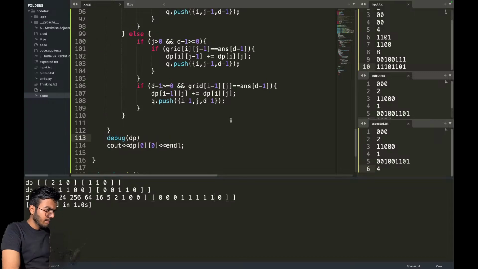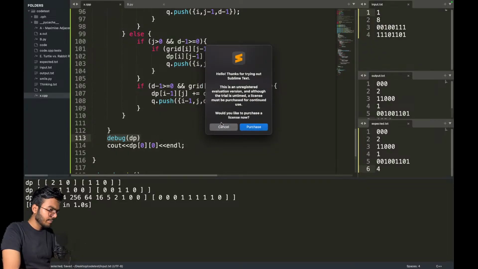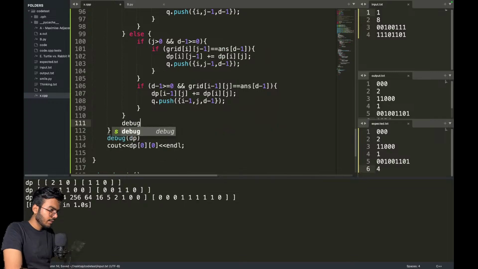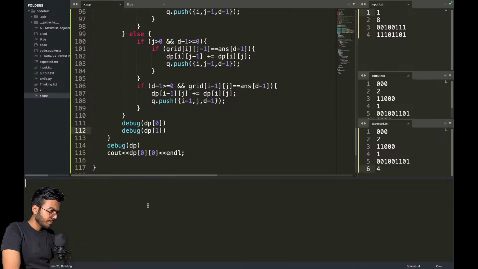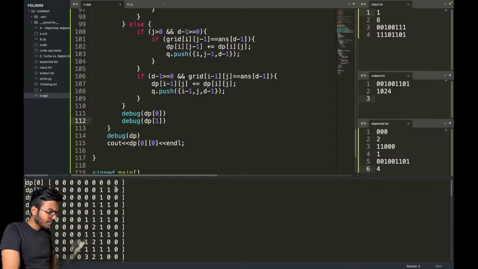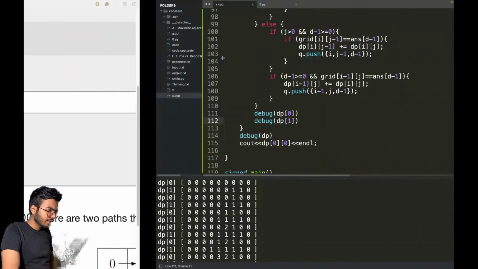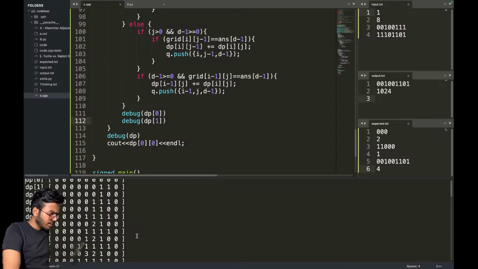Let's only run this for only single test case, and let's say debug dp of 0 and debug dp of 1. Okay. Yeah, so initially we had something like this. So I can only go left, I think. Yes, then I can go upwards.